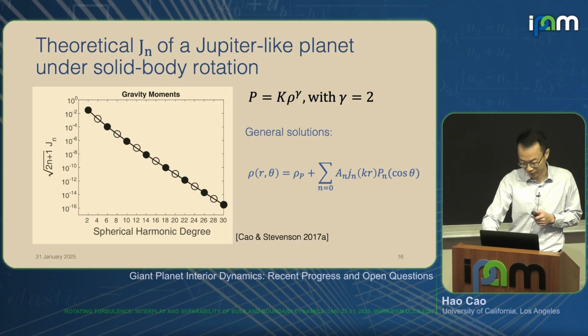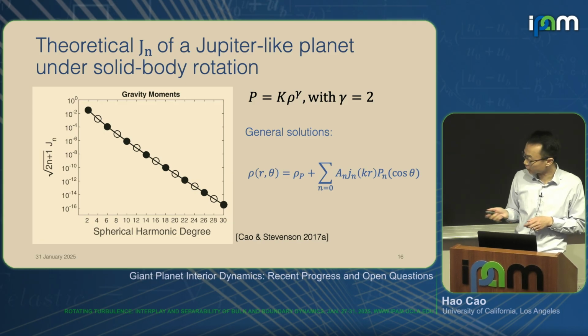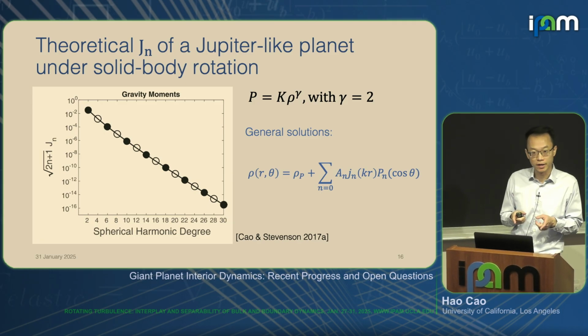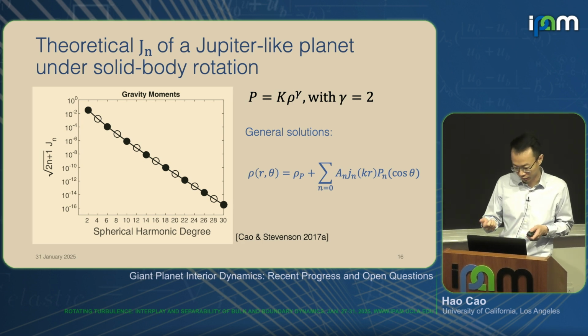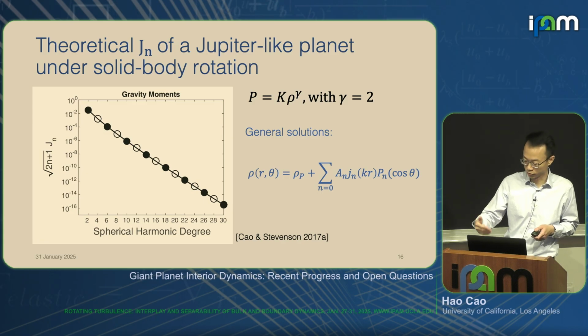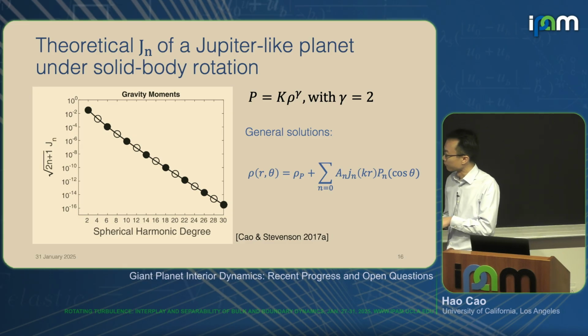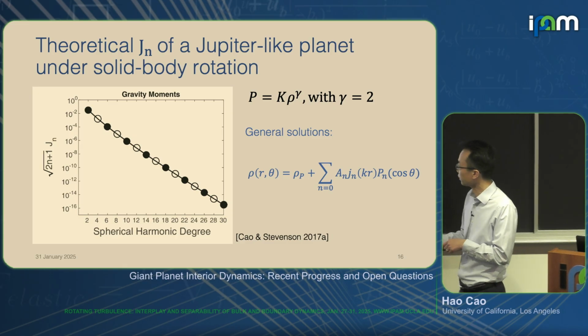Once you have that, you know the density everywhere inside this planet. You know the shape of this planet everywhere, and you can compute your j's, which is the integration I showed you earlier.